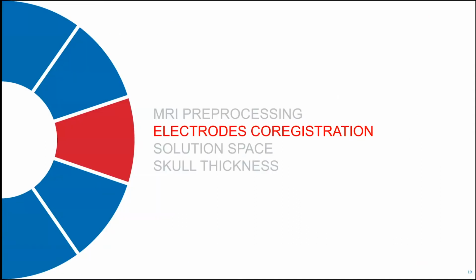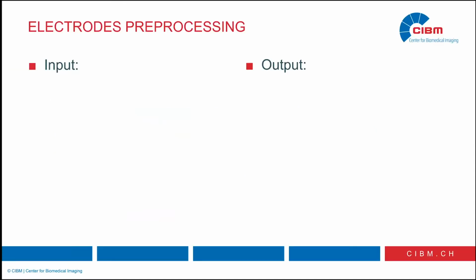Okay, so that was the MRI. Now the electrodes co-registration. I will go maybe a little faster. We can have as an input any electrode coordinates. Again, that can be whatever the manufacturer will set. The geometry of the electrodes could also be anything.